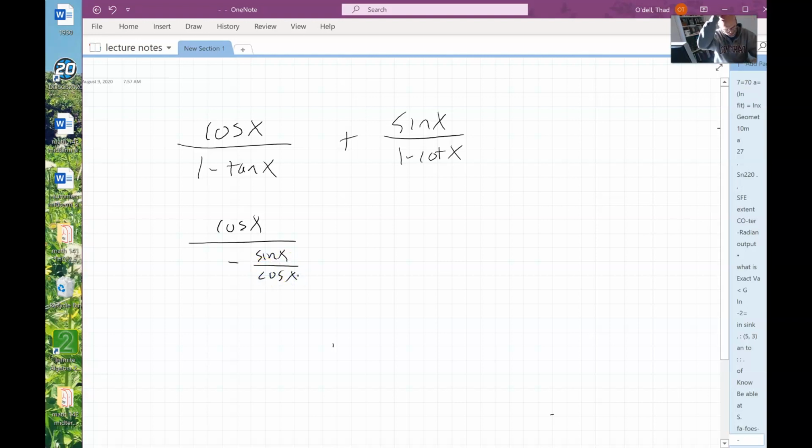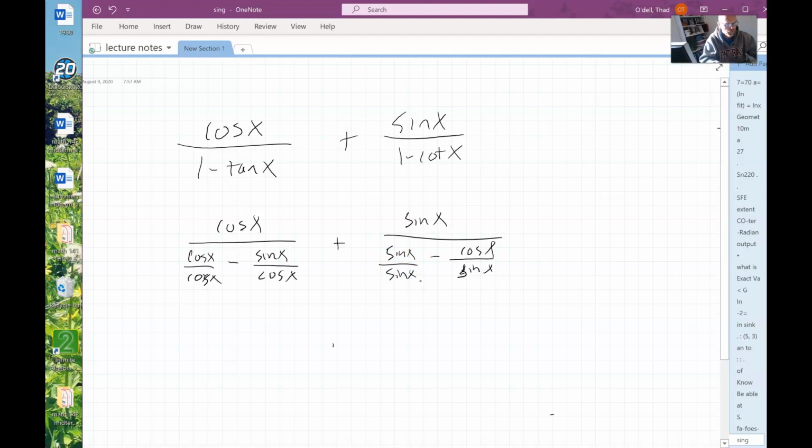And because I have sine over cosine, it makes sense to change 1 to cosine over cosine. That way I'll be able to add those two things together. Then I'll do a similar thing over here, where cotangent is cosine over sine, so that means I'll change this to sine over sine.